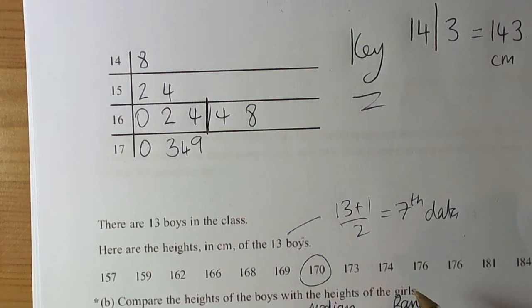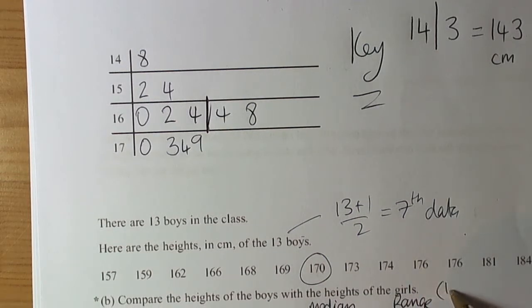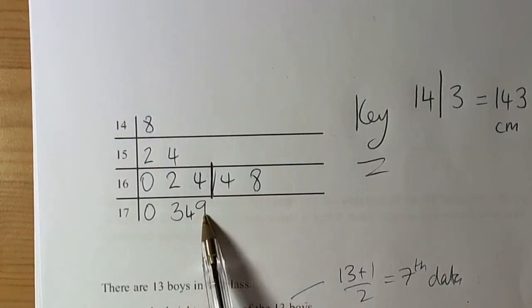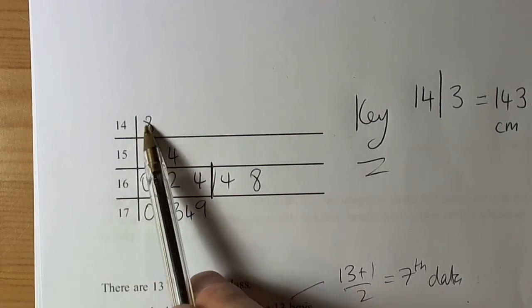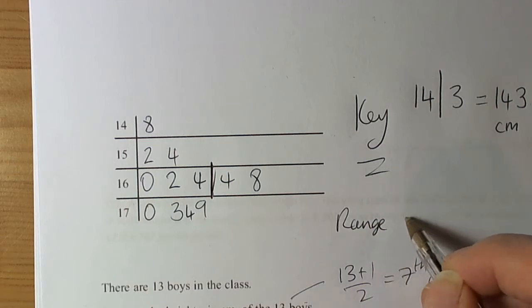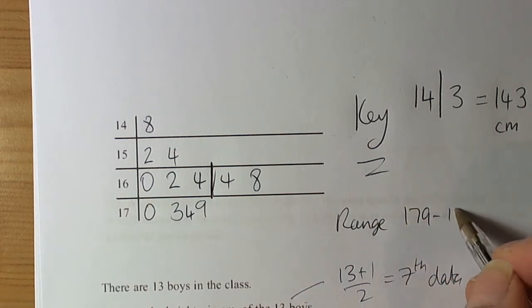We want the range, and we've got to remember the range means the largest value subtract the smallest value. So when we look at the girls' data, we can see the largest value is 179, the smallest value is 148. So for the range for the girls, we'd be doing 179 take away 148, which would be 31.